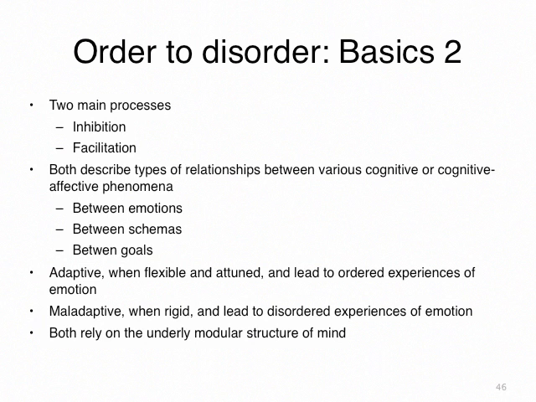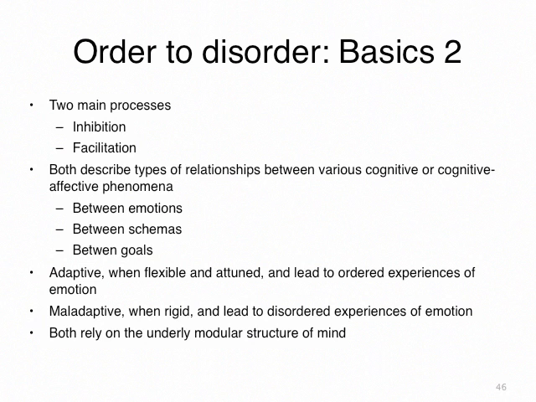As with anything in psychology, these processes are adaptive when they're flexible and attuned, and hence they lead to ordered, helpful experiences of emotion that are helpful in decision making, as you've seen in Damasio, etc. And when they are rigid, that's when they're maladaptive and lead to disordered experiences of emotion. That's basically it, and that's basically true of anything in psychology.